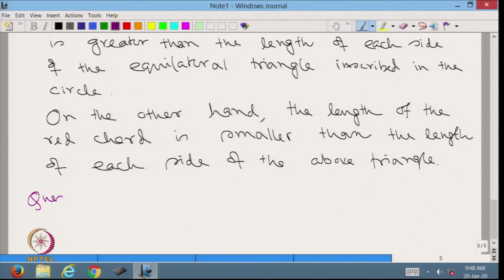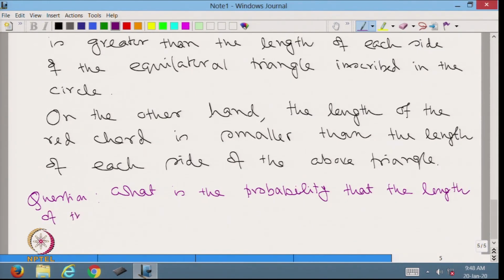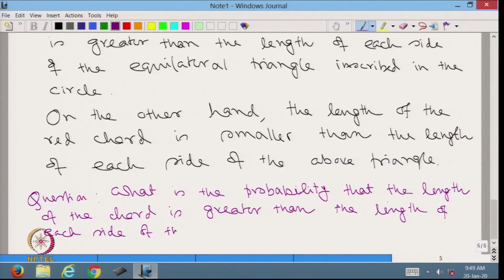Question is, what is the probability that the length of the chord is greater than the side length of each side of the equilateral triangle.